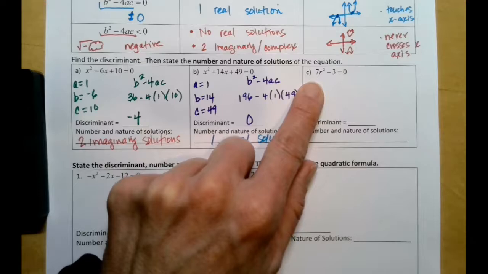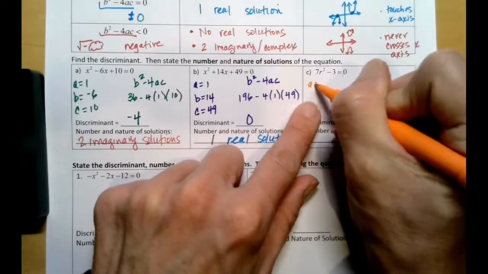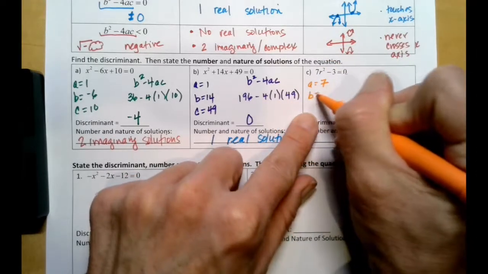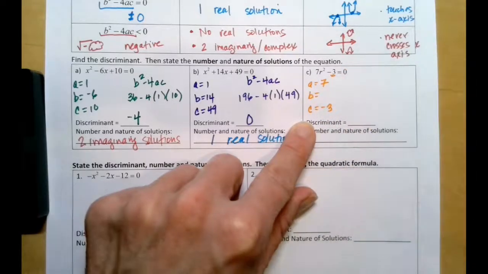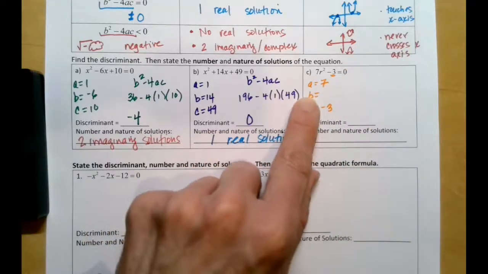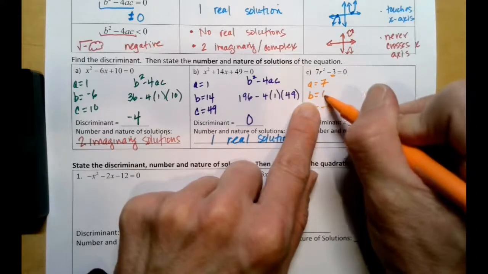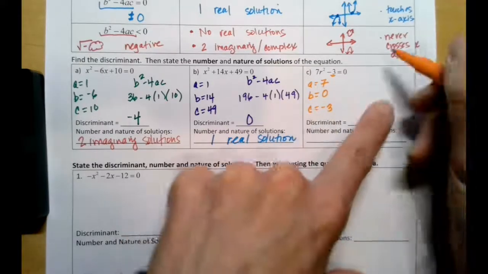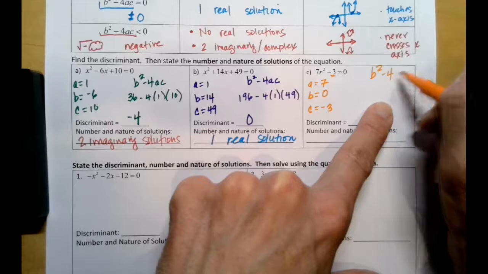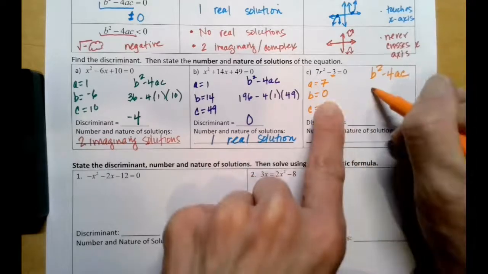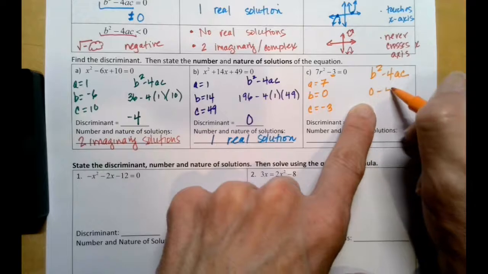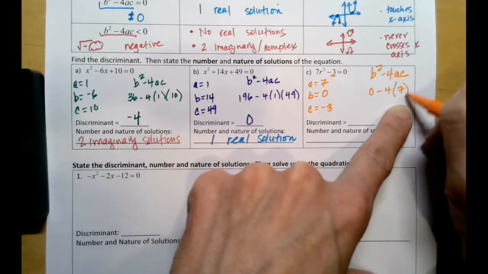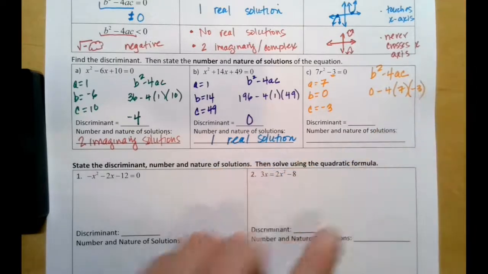All right, let's check out this last one. Oh, this is interesting. I have an a value of 7 and a c value of -3. I know that's my c because it's my constant, no x's. So where's my b? You got it. b squared minus 4ac: 0 squared is 0, minus 4 times 7 times -3.